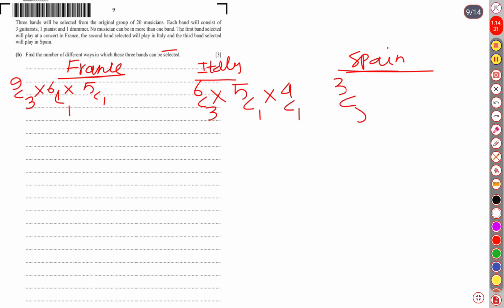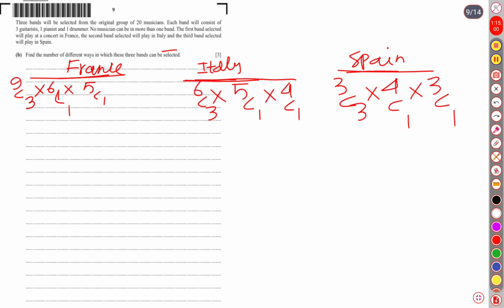From 3 guitarists we will have to choose 3, and from the 4 remaining pianists, we will have to choose one. 4 choose 1, and the remaining number of drummers is 3. So from 3 we are choosing 1.